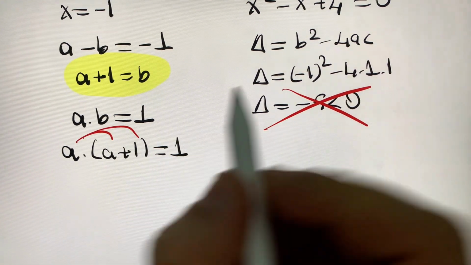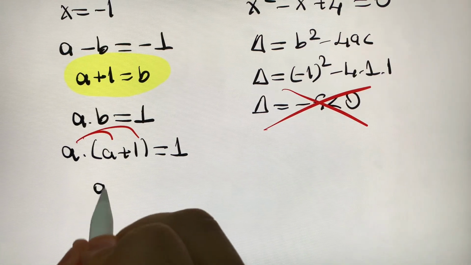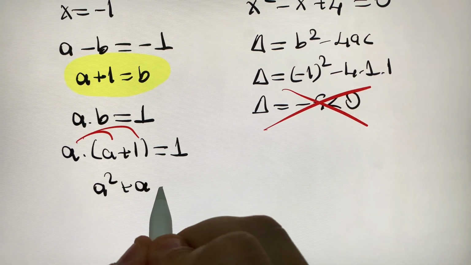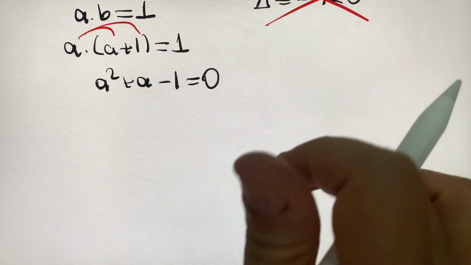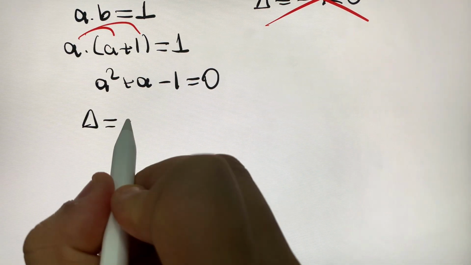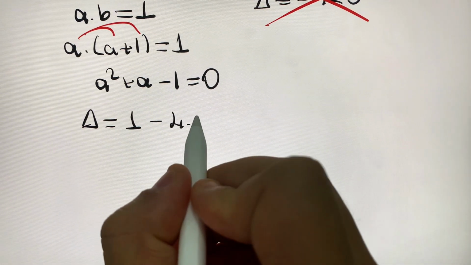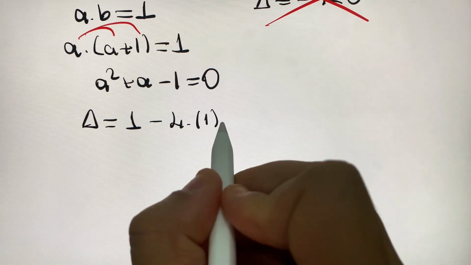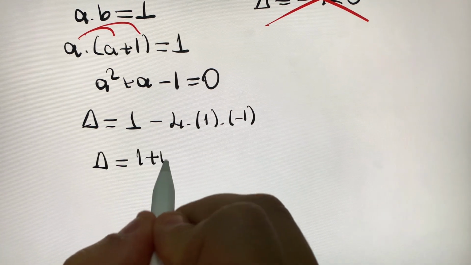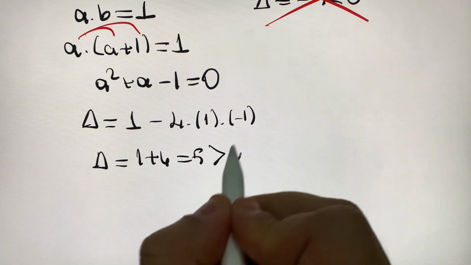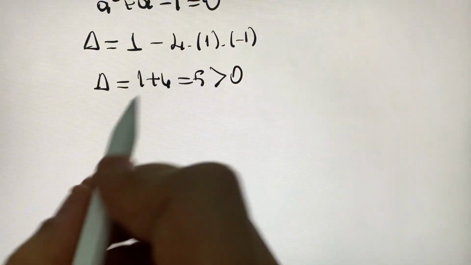After distributing, what came was a squared plus a minus 1 equal to 0. I'm looking at the delta of this right now. What will come is 1 minus 4 times 1 times minus 1, which is 1 plus 4 equal to 5. Yes, the delta is greater than 0. A solution can come from here.